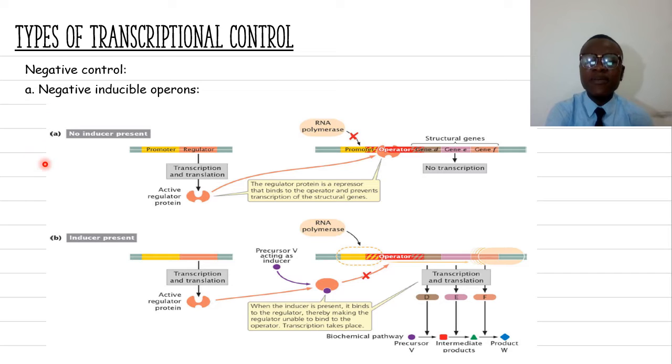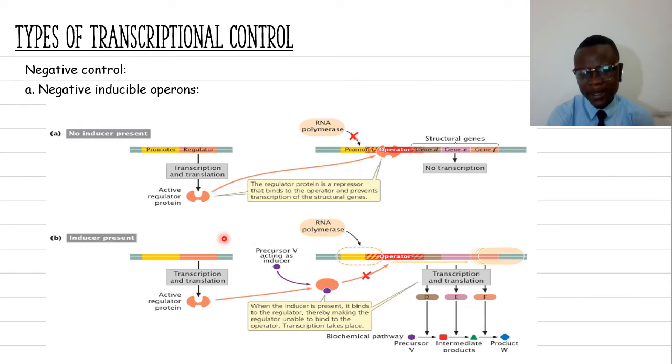For this type of operon, normally in the absence of an inducer, we have a regulator protein here that is usually active. So the gene produces a regulator protein that is active, and this regulator protein binds to the operator and prevents the binding of the RNA polymerase. So once RNA polymerase cannot bind to the promoter, it means that this gene cannot be transcribed.